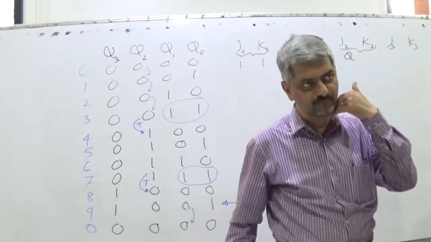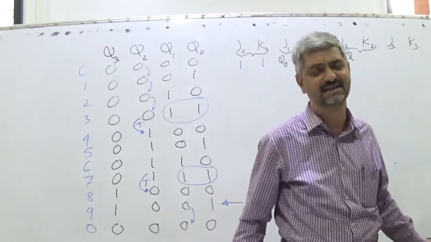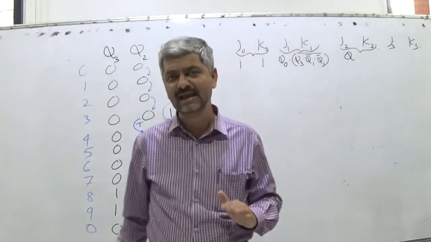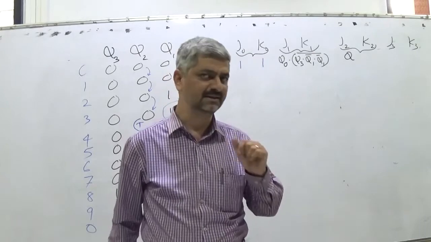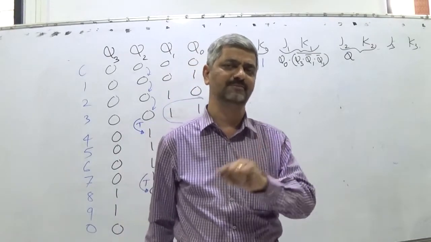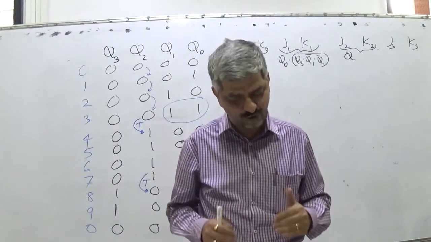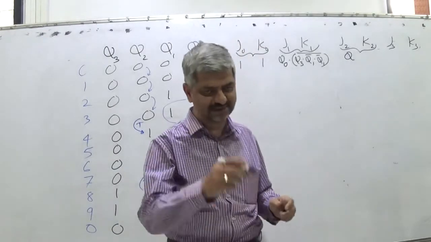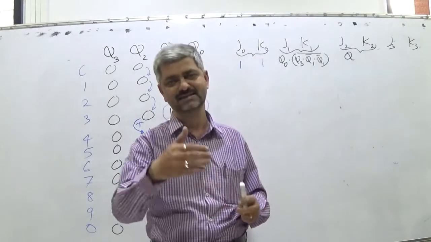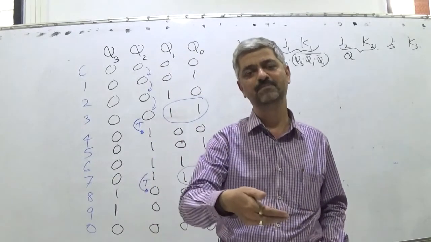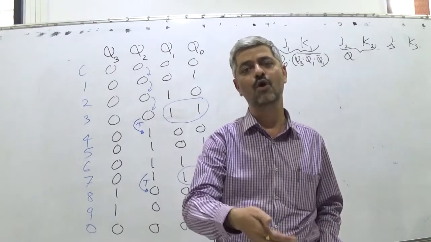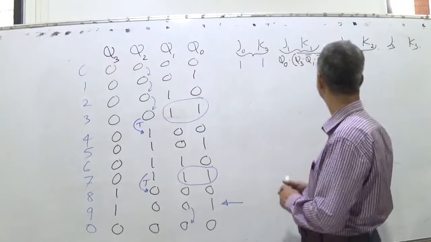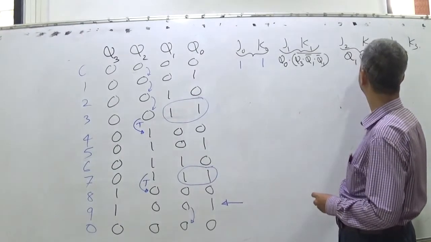So in almost all counters, unless you go for designing something differently, J and K are made common, and they are either made 0 or 1 depending upon the states. So JK of each flip-flop is governed by Q of all flip-flops, or a few flip-flops. In this case, you find it is Q1, Q0.